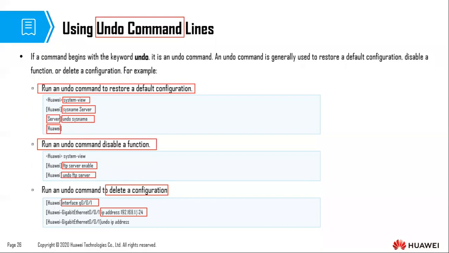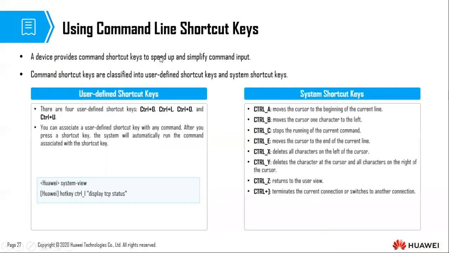So if you realize that, oh, I've configured the wrong IP address, there are two ways you can do it. You can just use the same command and type the correct IP address, or you can remove that IP address by using the undo command. So you just type undo IP address, and it's going to delete that IP address. So I hope you've seen the few ways in which you can use the undo command to undo certain configurations.